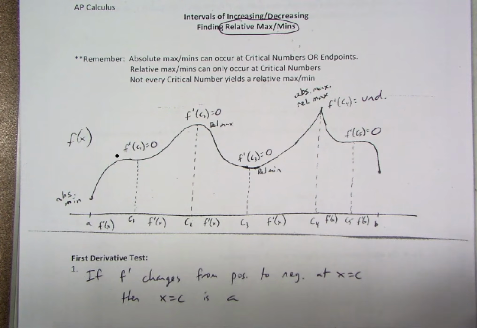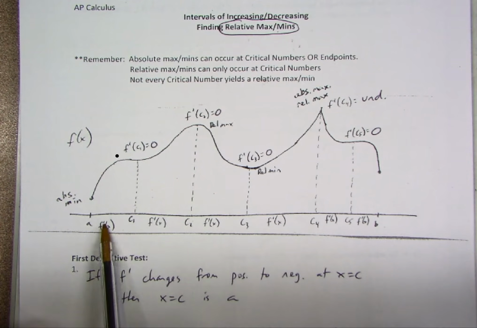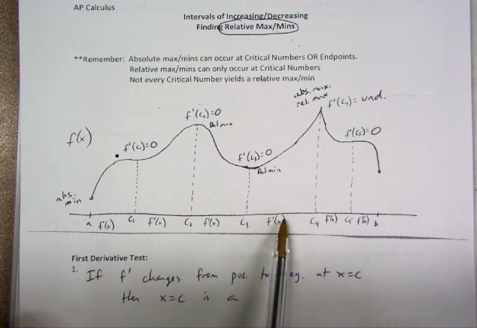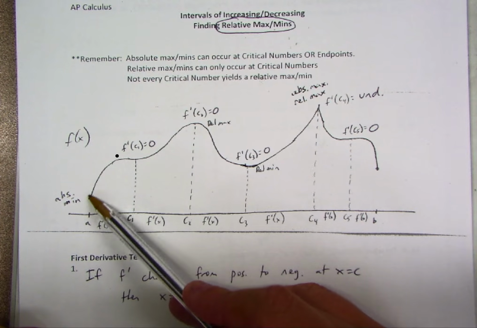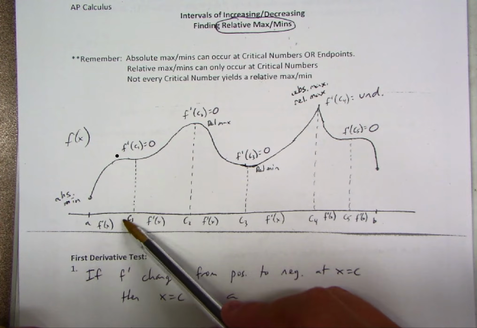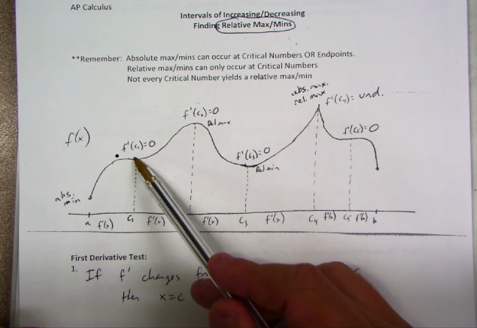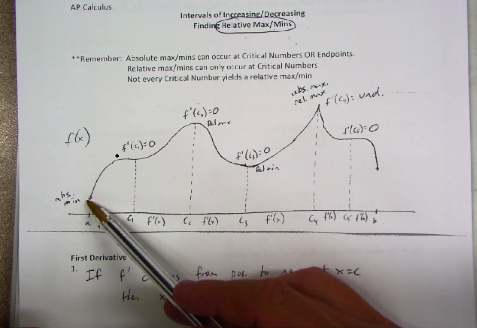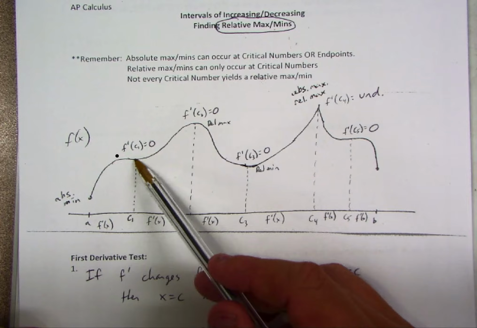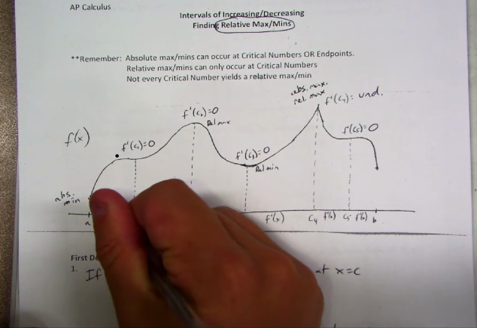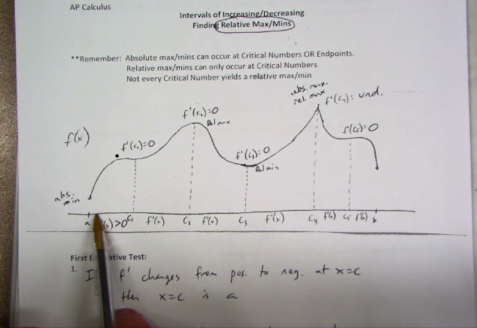Our analysis is going to change a little bit because of what we're going to be looking for. If you look down here within the intervals, notice right here from a to c1, this function is always increasing, which means its derivative is always positive. Where a function is increasing, its derivative is positive, or greater than 0. So over this entire interval, f prime is positive.